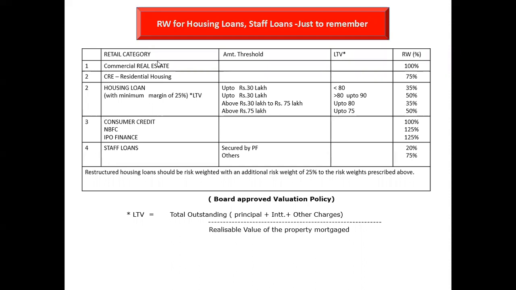Now the loan to value, but they will give it indirectly. How will they give? For example, a flat is costing 1 crore, including stamp duty and registration, which you can also load, so 100 lakhs.